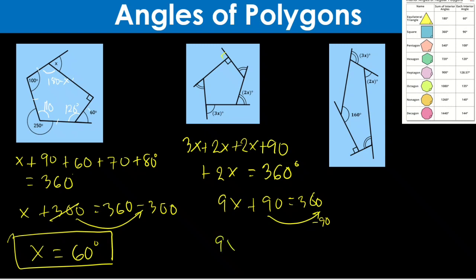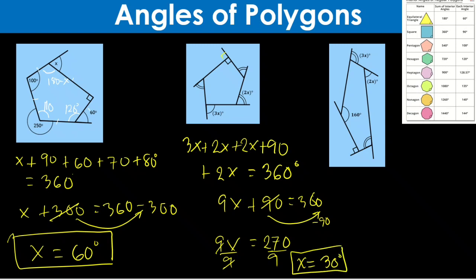We have 9x equals 360 minus 90, which is 270 degrees. We divide by 9. That gives us x equals 30 degrees.